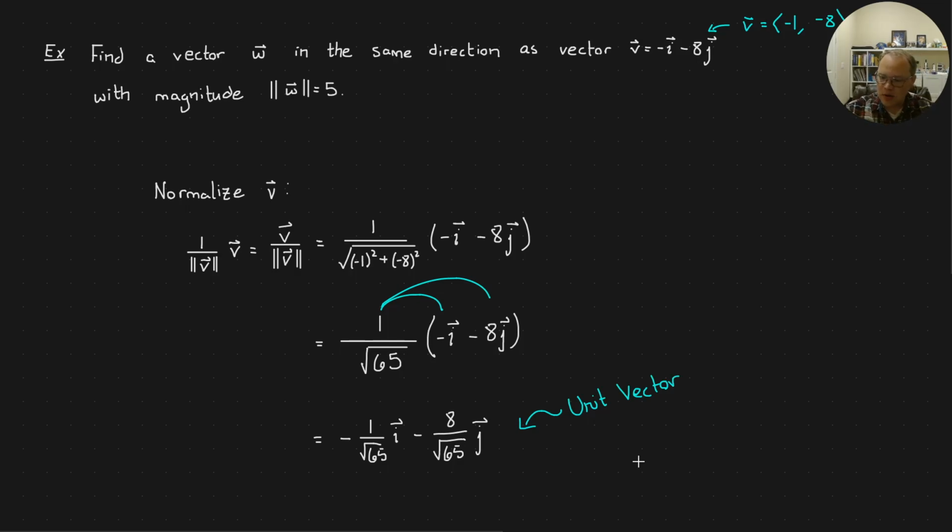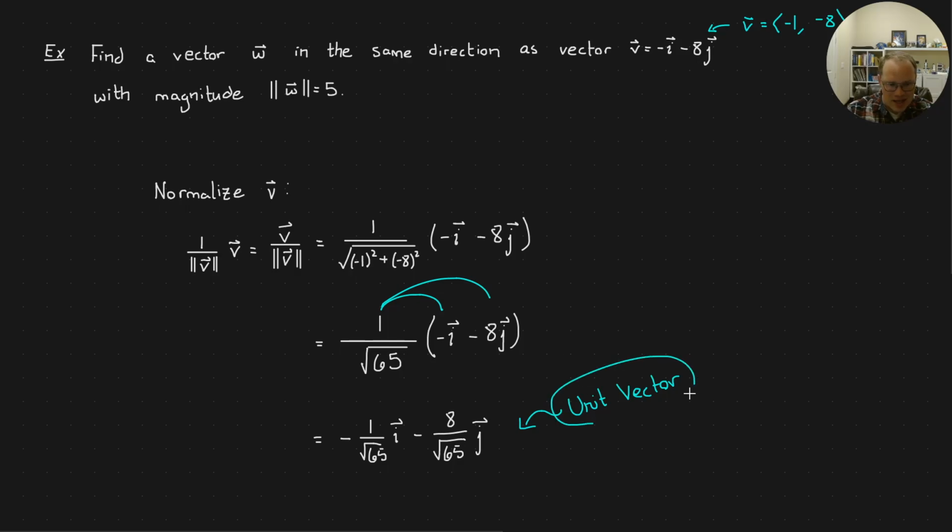Now we're not done yet though, right? We want vector w, and we don't want it to have length 1, we want it to have length 5. Right now this is a unit vector, it has length 1. So how do we change a unit vector with length 1 into a vector with length 5 and keep the direction? Well, we want to scale it again, right? Scaling changes the length.